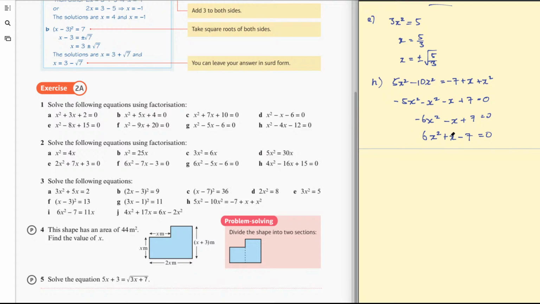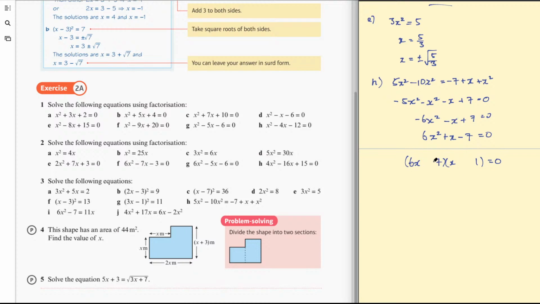And then, well, we've got a 1 in the middle here, so we need factors of 6 and 7 that make 1. I'm going to initially go with 6 and 7 as the factors. So 6x and x, and then 7 and 1.